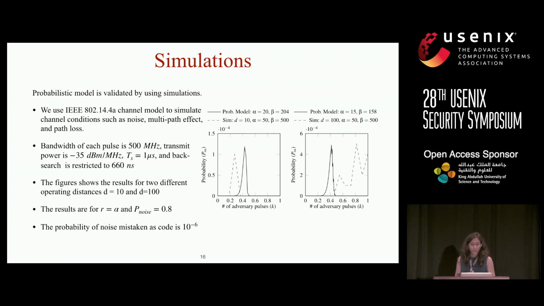We also wanted to get a feel of how this system will work in a real environment where noise is present and there might be interference. We simulated it using the channel models provided by IEEE, and we show that this system works at different distances and the probability of attacker success is the same as the one we calculated using the probabilistic model.